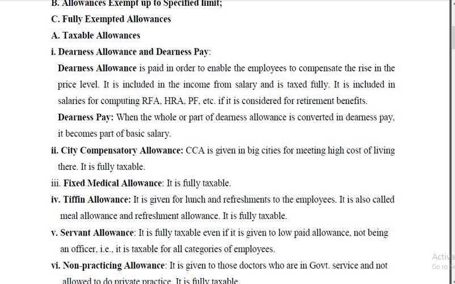The thing is, if dearness allowance and dearness pay are considered for retirement benefits and it's given specifically, then only that you better take under rent-free accommodation, HRA and provident fund computation. Otherwise, you don't consider that. But anyway, DA or dearness pay is part of salary for tax purpose.